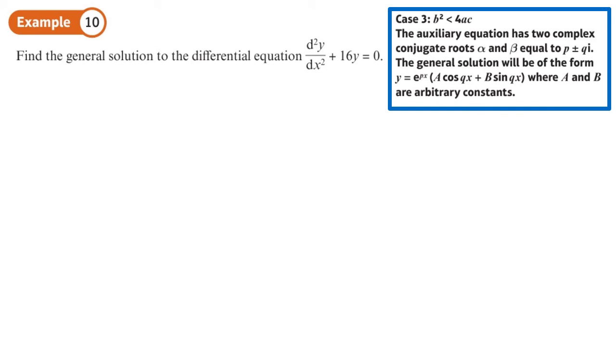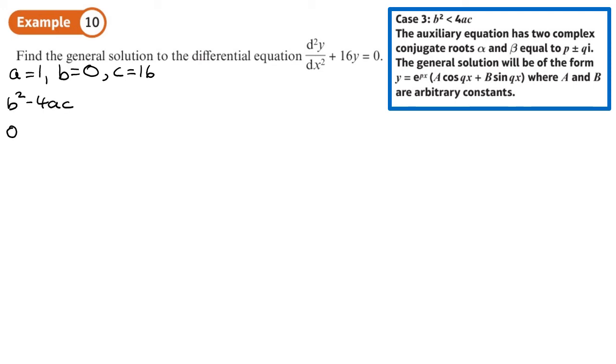Okay, last one here, find the general solution to this differential equation. So a is 1, b is 0 this time, and c is 16. So we're still going to follow this out the same way. So let's work out what b squared minus 4ac is.